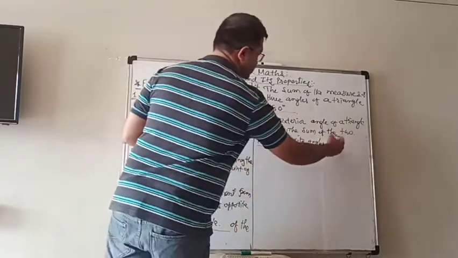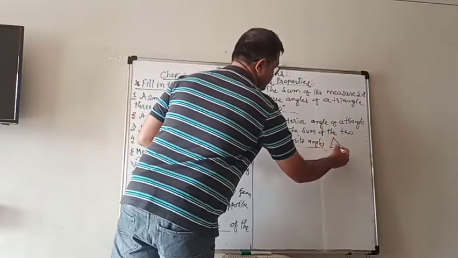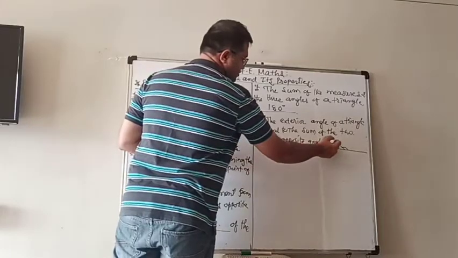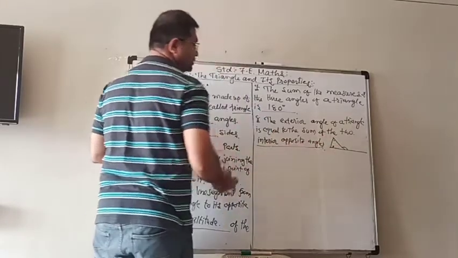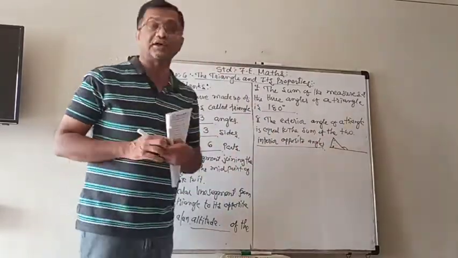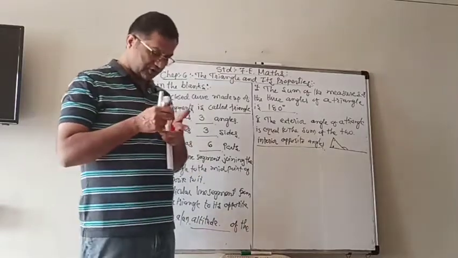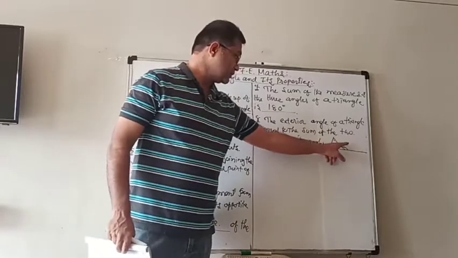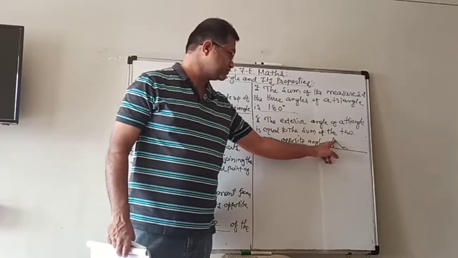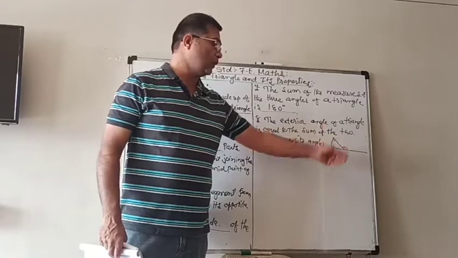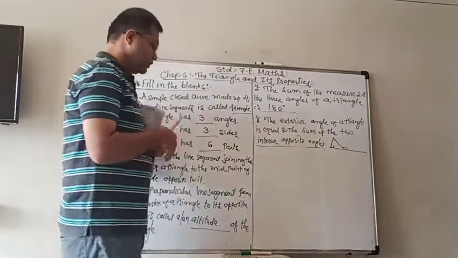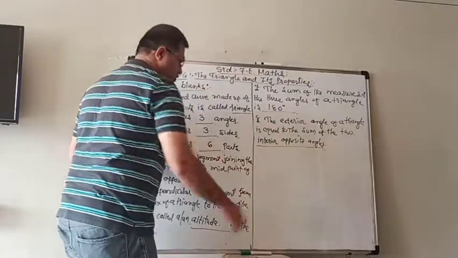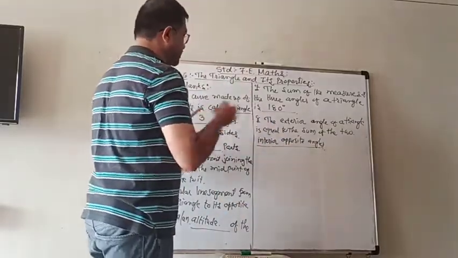If you forgot, you know that this is the exterior angle and those two are the interior opposite angles. So the measure of that exterior angle can be obtained by adding those two interior opposite angles. So if the property is in your mind, easily we can write down the answer.